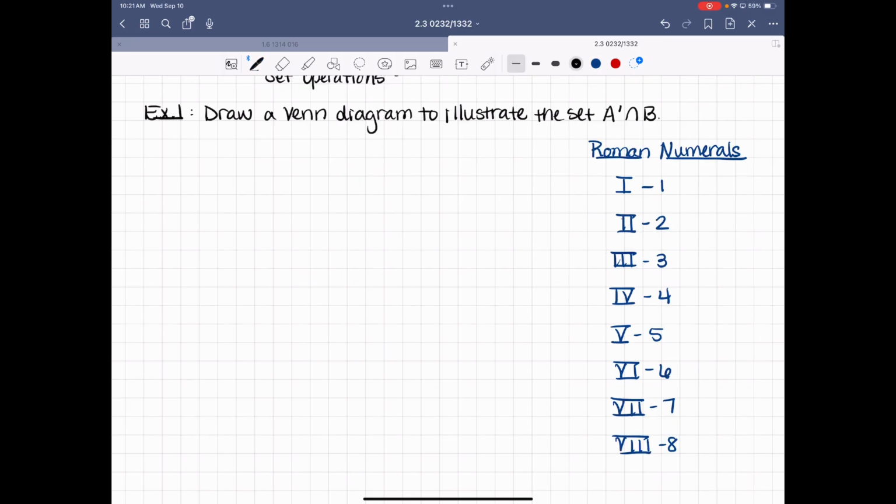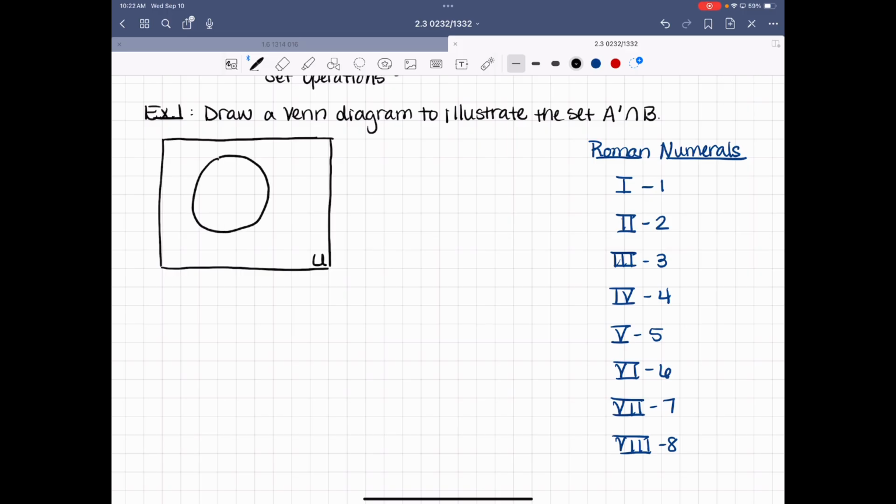So when it says draw a Venn diagram, we're going to start off with our rectangle that denotes the universal set, right? And then I've got my A, and I've got my B, okay? And then we want to label our regions.